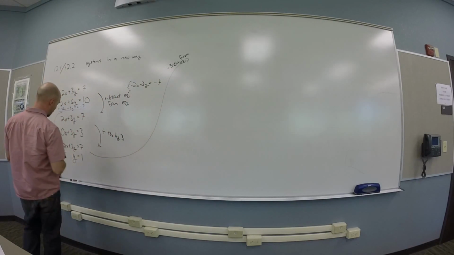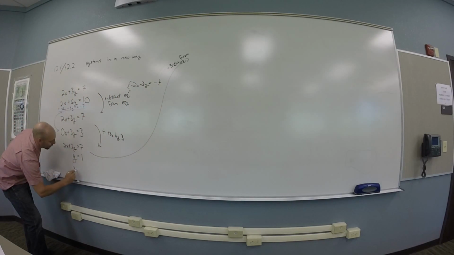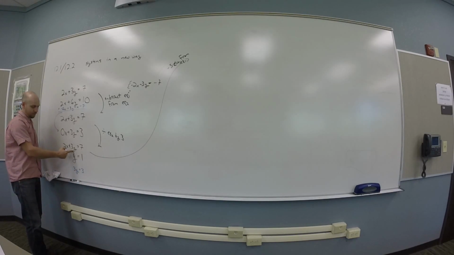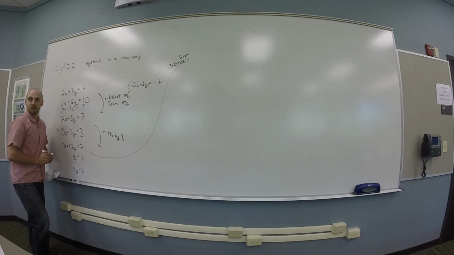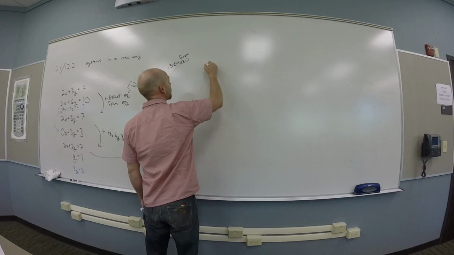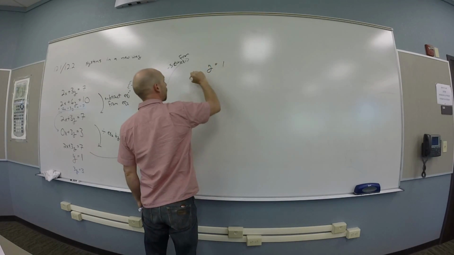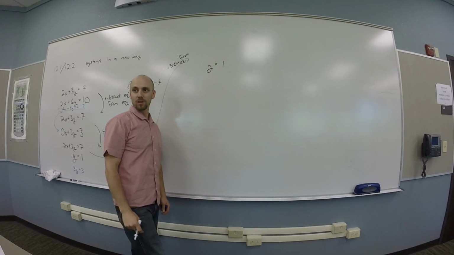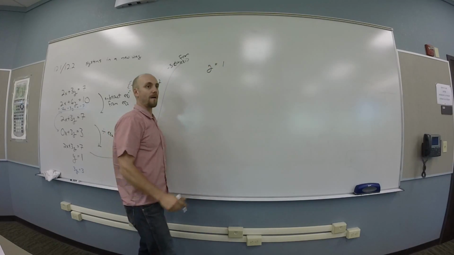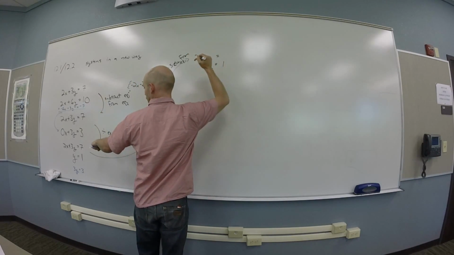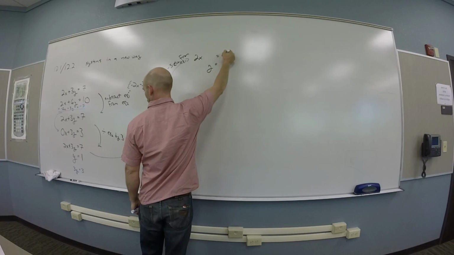If I multiply the second equation by 3, I'd have 3y equals 3. And then I could subtract that from equation 1. That'd get rid of the 3y. So my second equation is going to remain y is 1, and my first equation is going to be 2x is 4, I think.